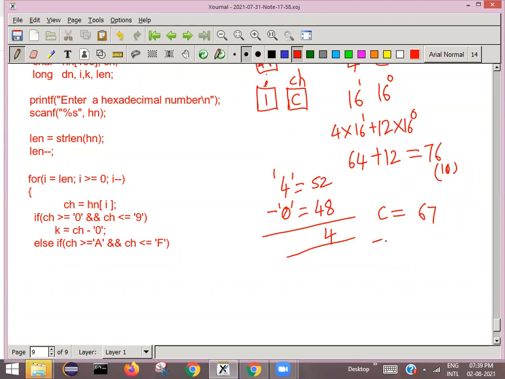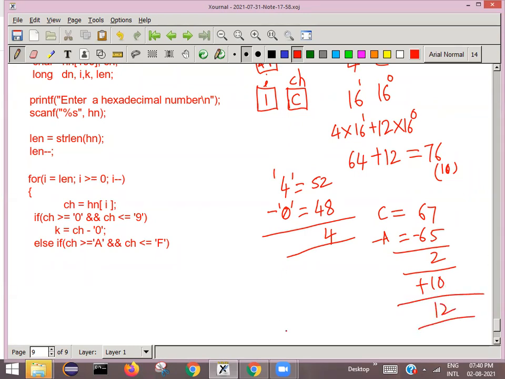If you subtract capital A, that is, you are subtracting 65 from this, what is the result you will get? It means it is 2 characters away from capital A. Then if you add 10 to this, you will get 12. So add 10 to this, then you will get the number 12.